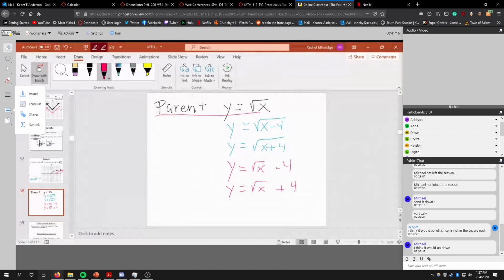So this parent graph, these are all transformations. This one shifts, so I'm just going to put shift here.